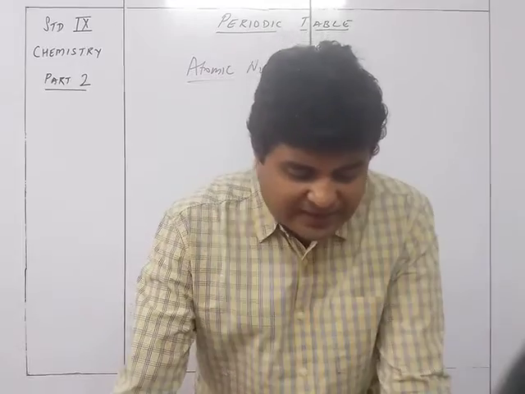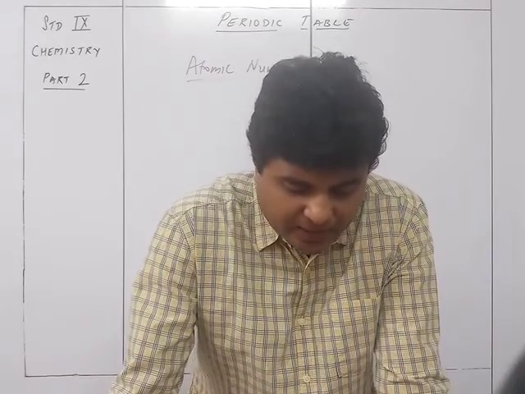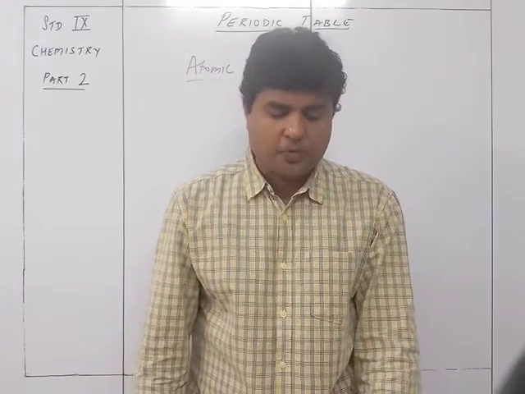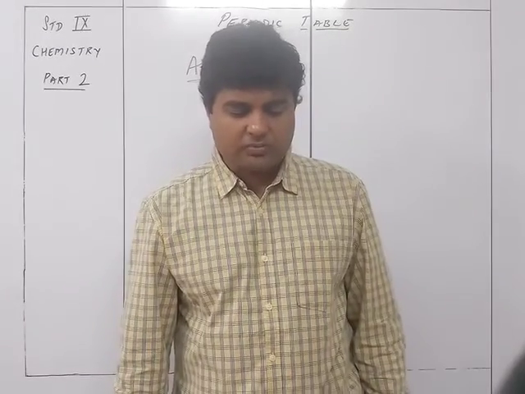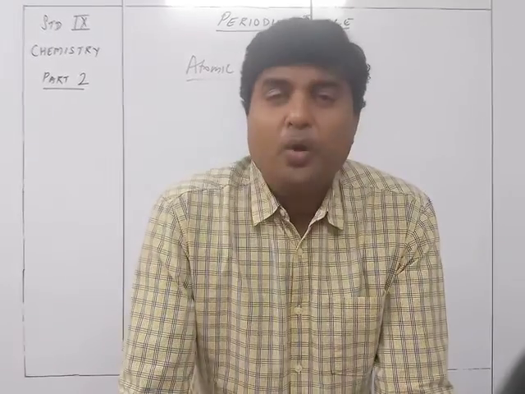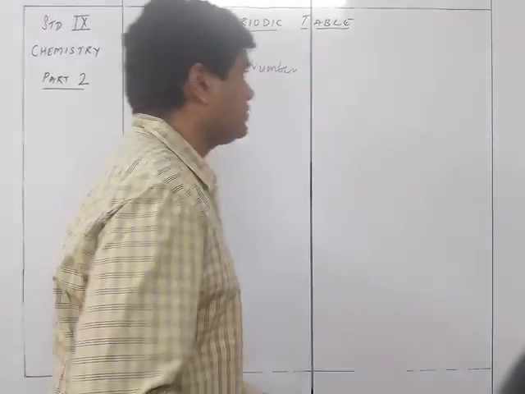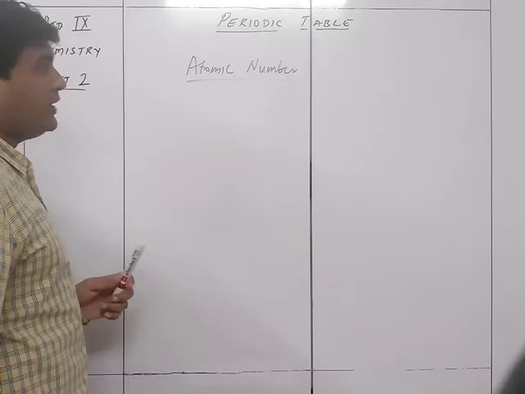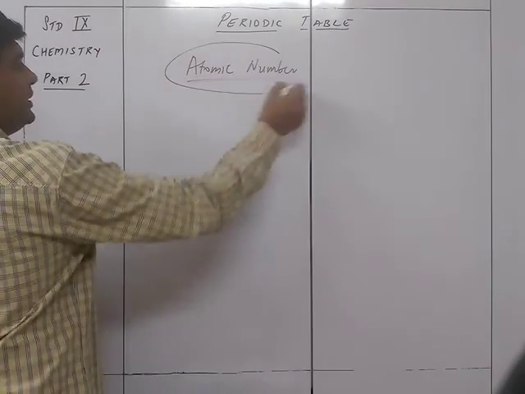So Moseley arranged elements in increasing order of atomic numbers in 7 horizontal rows called periods and 18 vertical columns called groups. This form is the basis of the modern periodic table. The modern periodic table is first based on the atomic number.